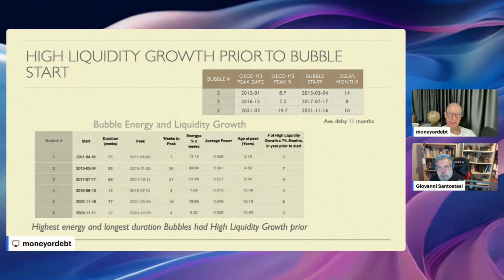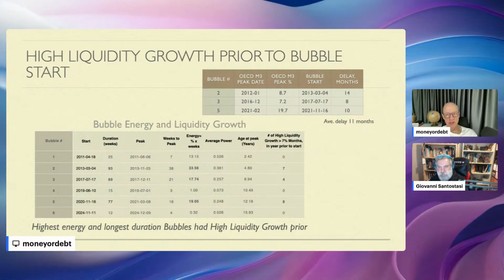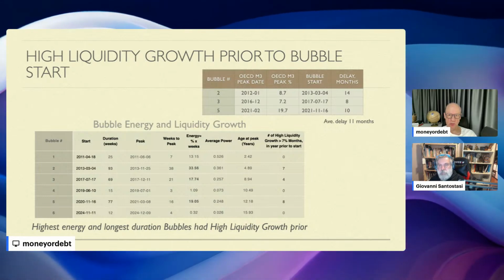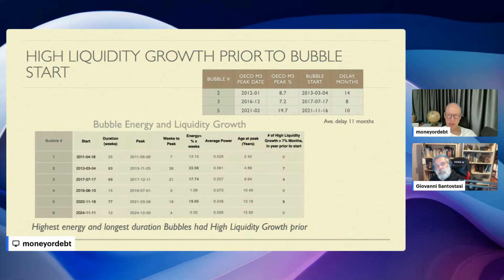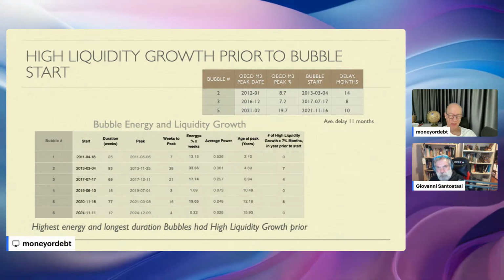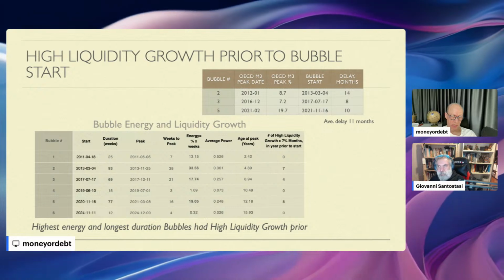Okay, so let's look at the relationship between high liquidity growth prior to bubble start. So the large chart in the middle has all 6 bubbles that I've previously identified by taking out a power law.